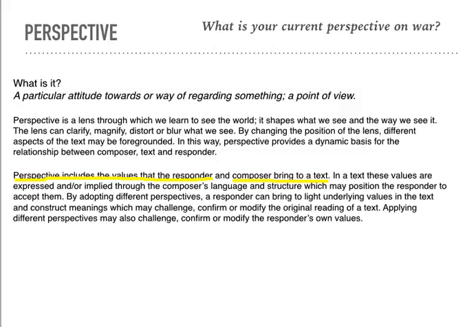So we need to really dissect the values or the perspective that are coming through in the text that we're going to study this term, and look at how the composer has structured their language to try and express their particular perspective.